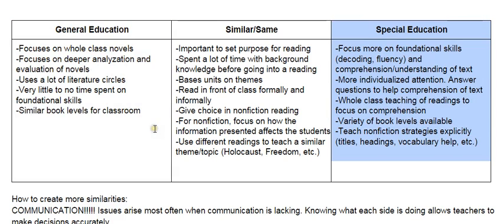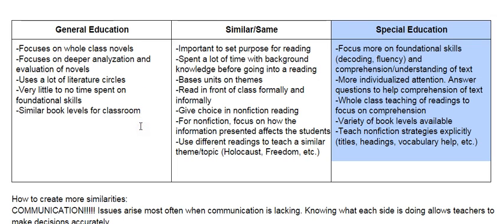For general education, they tend to focus more on whole class novels where they're all taught at the same time, at the same rate. They focus on deeper analysis and evaluating of the novels.